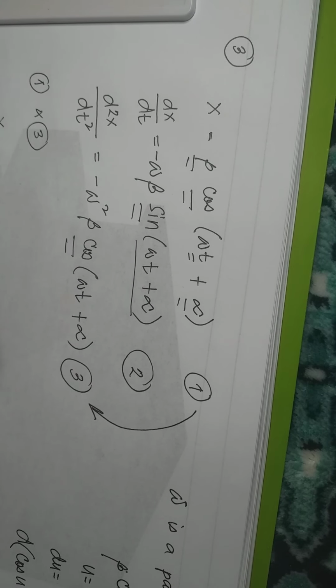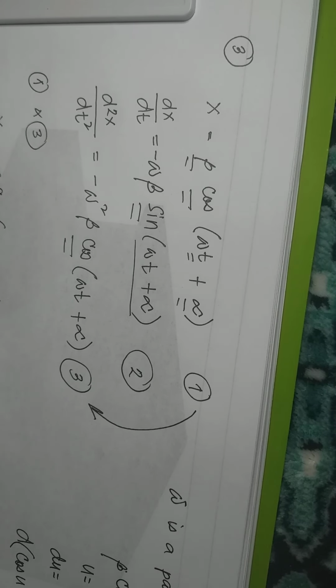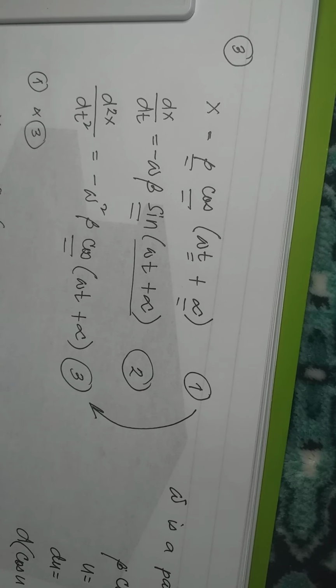So we have x is equal to beta cosine (Wt plus alpha), and d squared x over dt squared, or the second derivative, is equal to negative W squared beta cosine (Wt plus alpha).